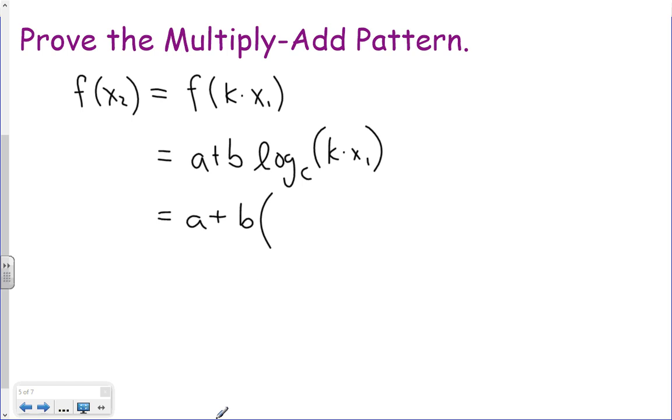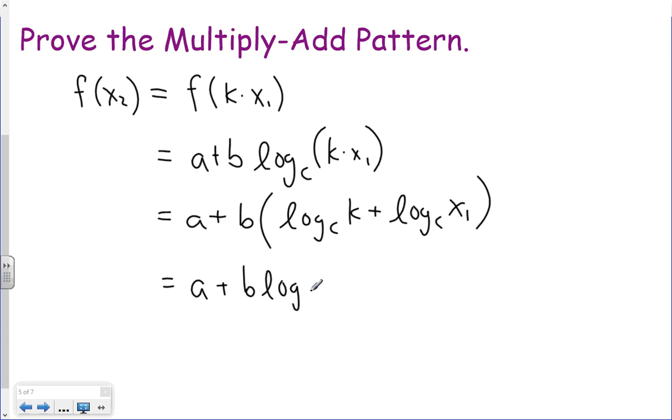If I've got the log of a product, I can rewrite that as the sum of the logs. Log base c of k plus log base c of x1. And now let's distribute the b out front through those parentheses. So it'll be b times the log base c of k and b times the log base c of x1. And now let's reassociate some terms together here.